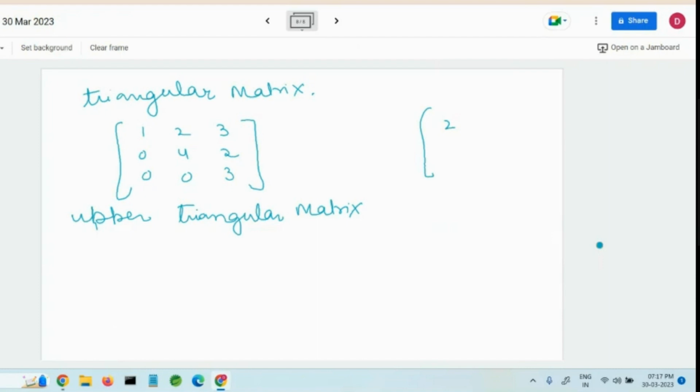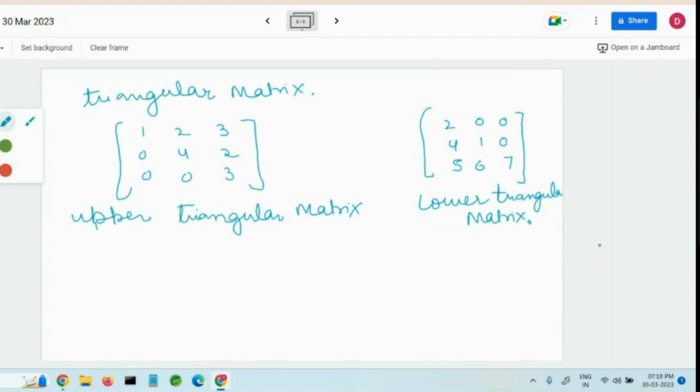And 2, 0, 0, 4, 1, 0, 5, 6, 7. It is a lower triangular matrix. Upper triangular matrix and lower triangular matrix.